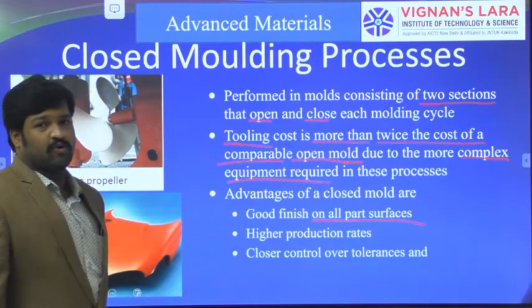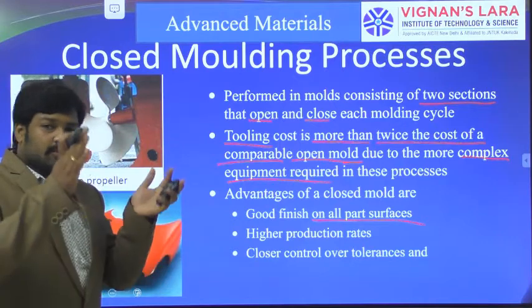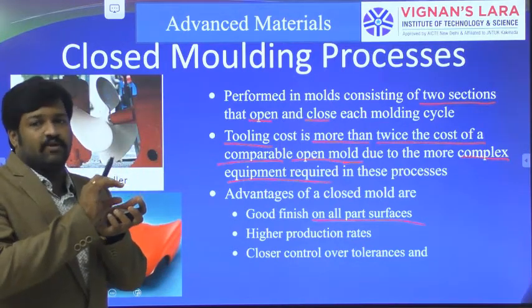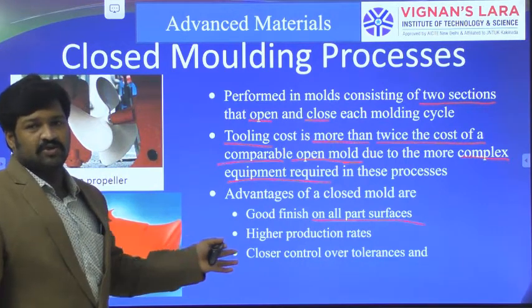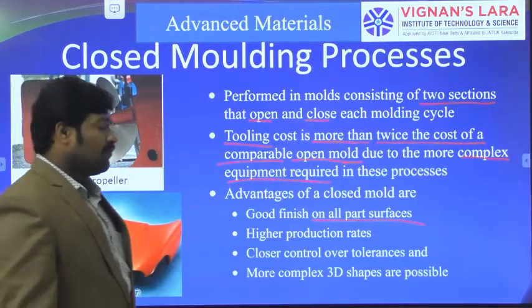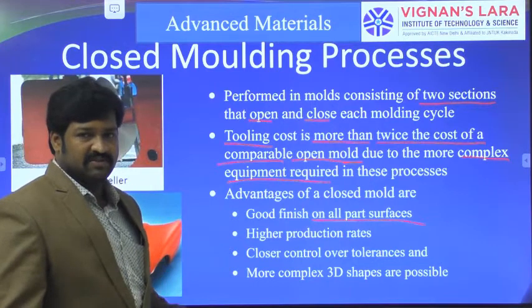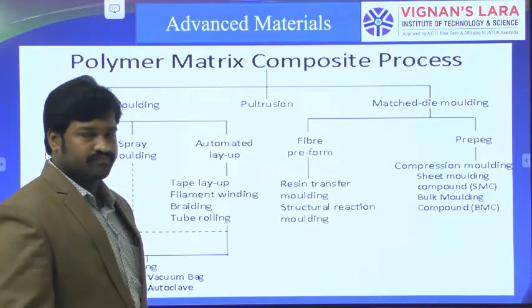Closer control over tolerances, so accurate dimensions can be obtained. Why? Because two dies are closing together, so the gap between the dies can only be the size of our part. So close tolerances can be obtained by this process. Next, more complex 3D shapes are also possible. By means of closed dies, we can get different cross-section profiles also.